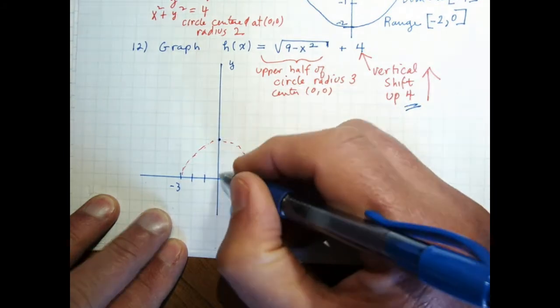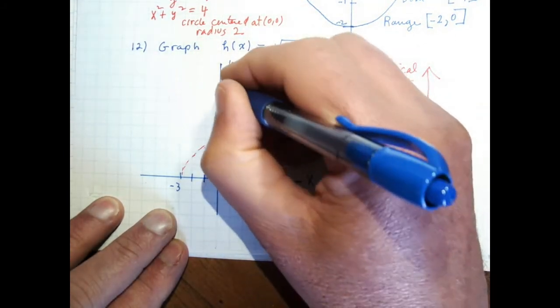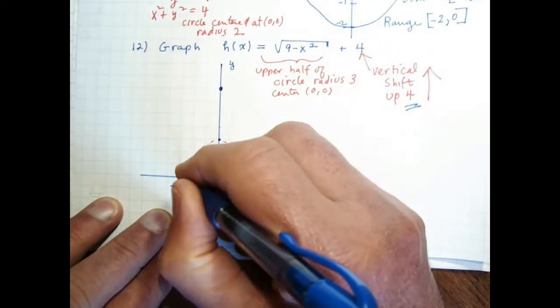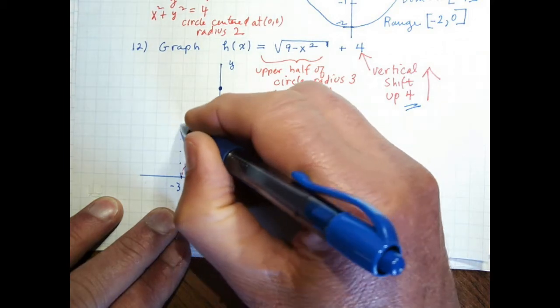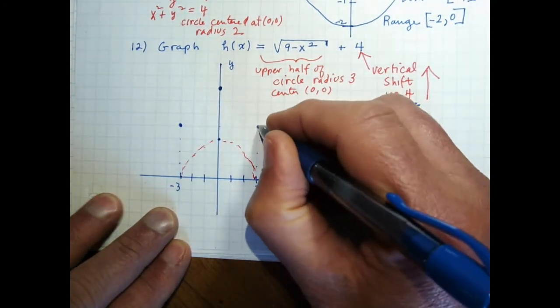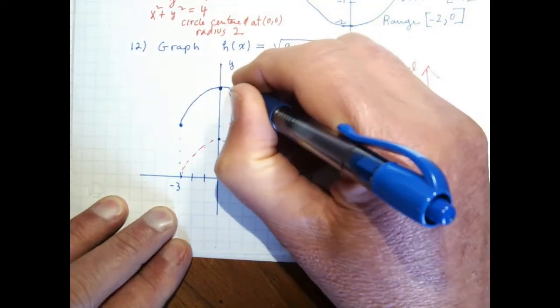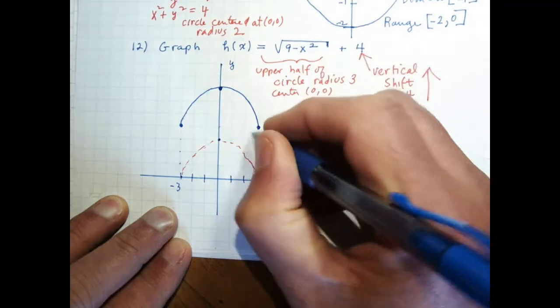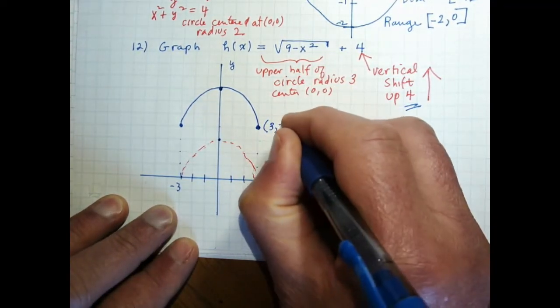So this original y-intercept at 3 is going to go up to 4, 5, 6, 7, up to here. These original x-intercepts, 1, 2, 3, 4, will go up to here. 1, 2, 3, 4, up 4 to here. So that entire half of a circle is shifted upward. This is the point 3, 4.